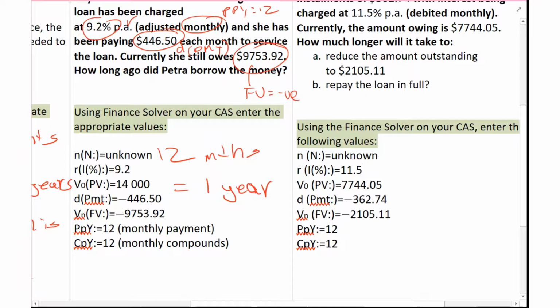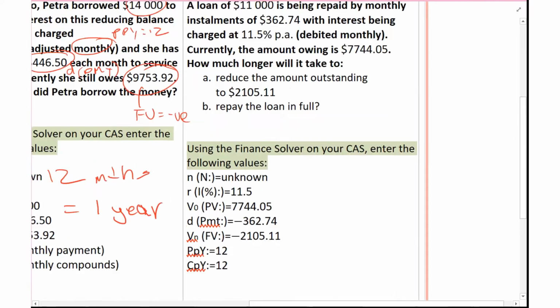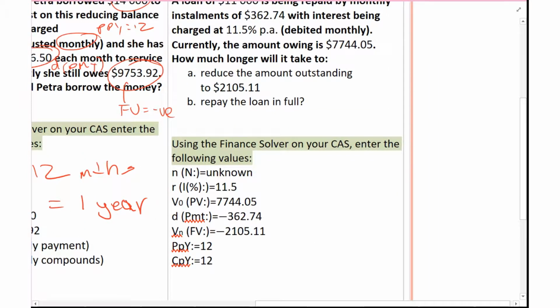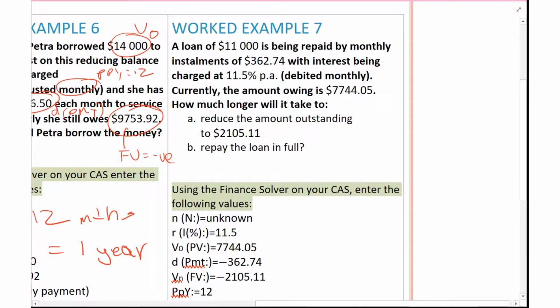So let's have a look at this question here. A loan of 11,000 is being repaid by monthly installments of $362.74 with interest being charged at 11.5 per annum.